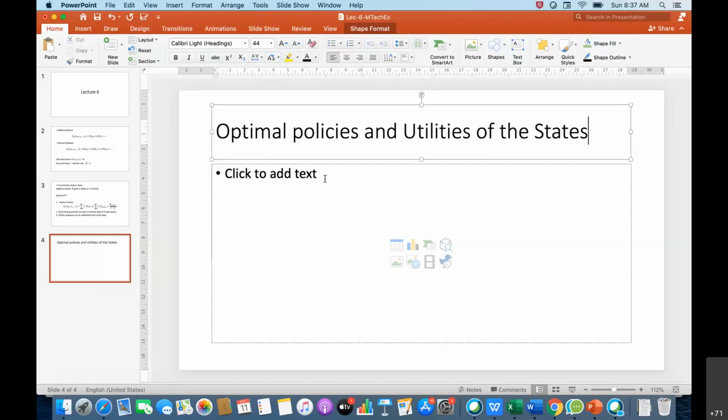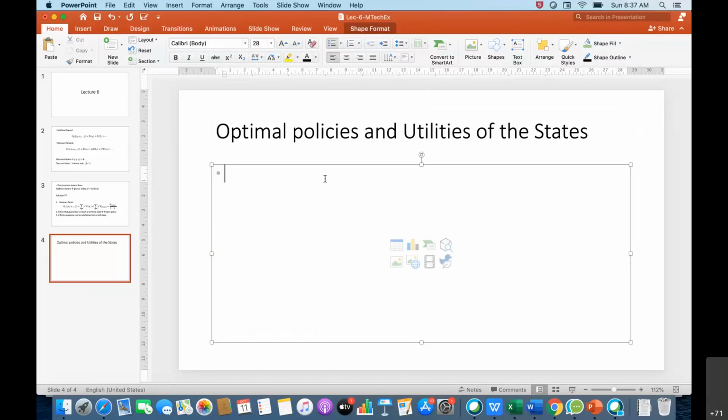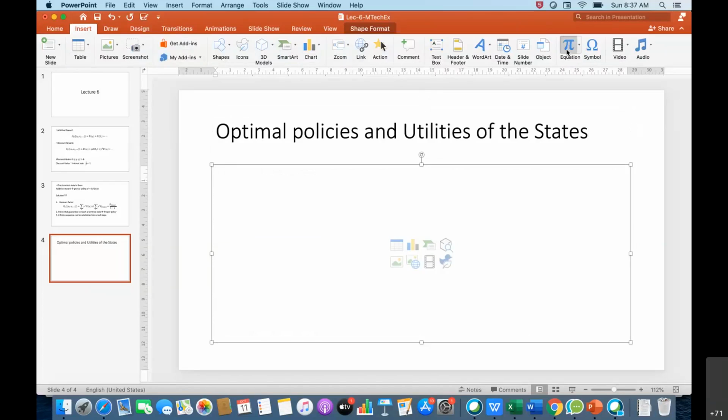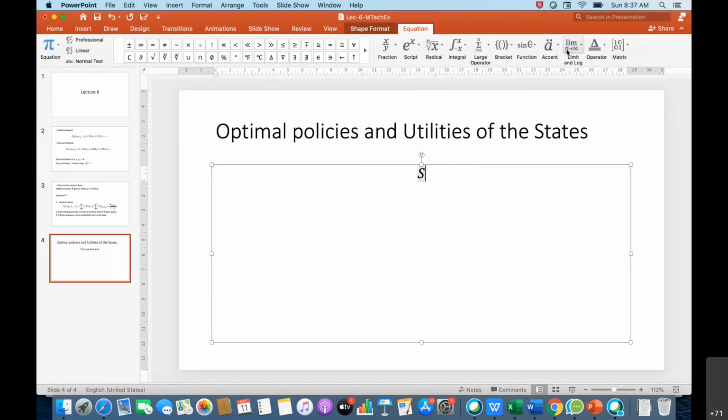Let's denote S0 as the initial state, where the agent is now.